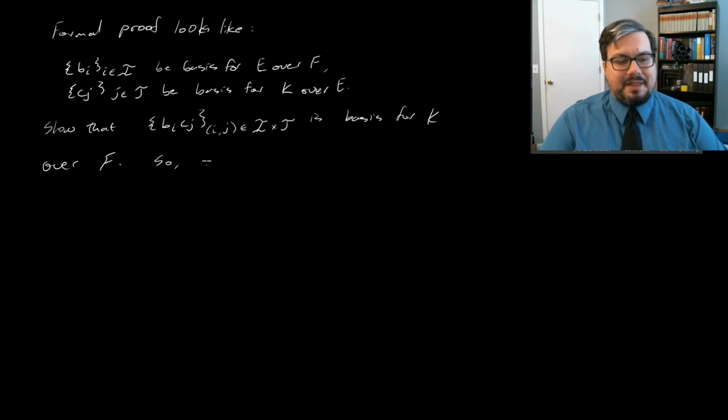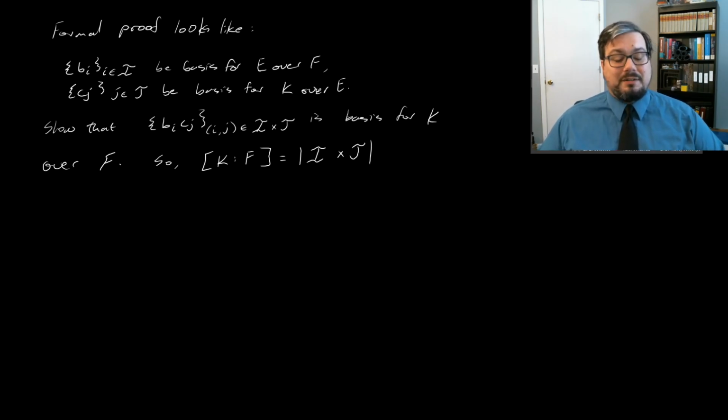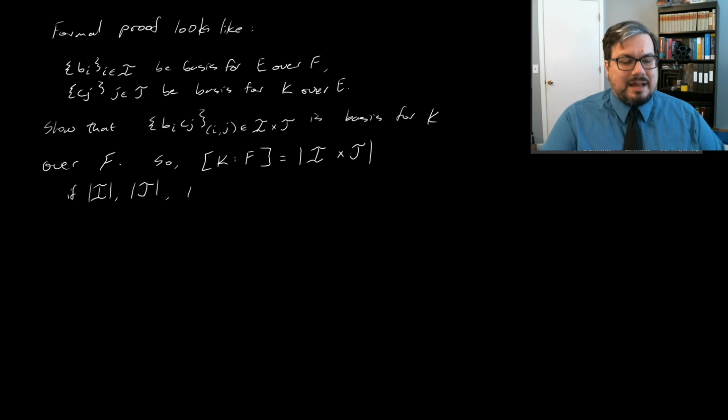So that means that the degree of K over F is equal to the dimension of K as an F vector space, which will be the cardinality of the Cartesian product of I and J. And so from here we show that if I and J are both finite sets, then the cardinality of the Cartesian product is just the product of their cardinalities.